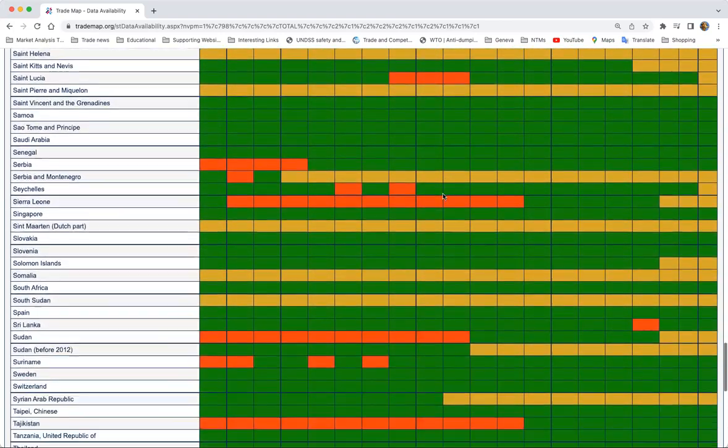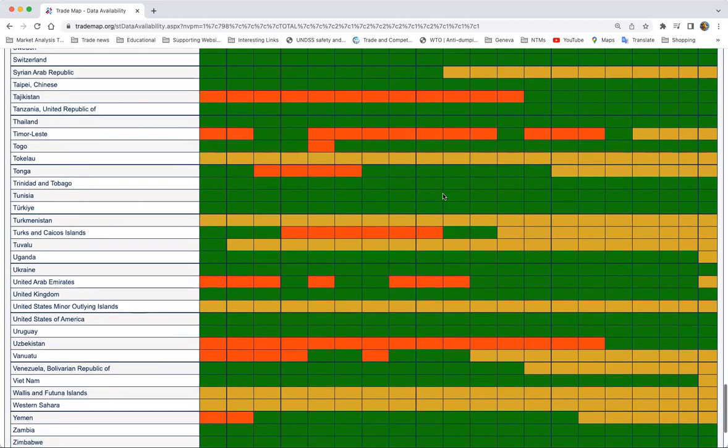Tuvalu. We can find here, and we see that Tuvalu, we have a little harder time finding the reported data. But as you can see here again, we have the mirror data, which shows you that we have managed to reconstruct this data using partner countries' data.